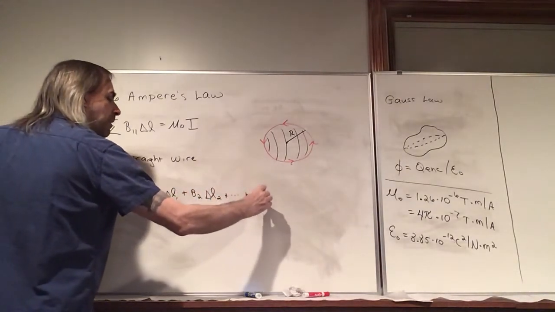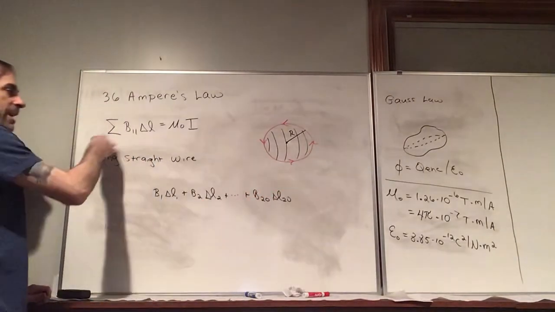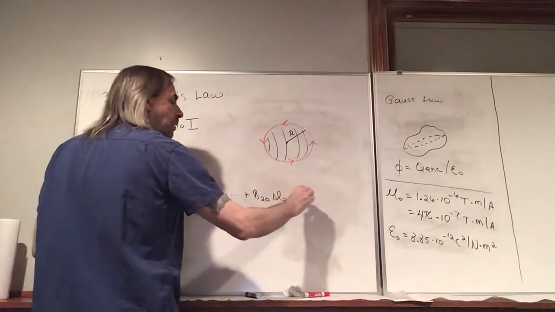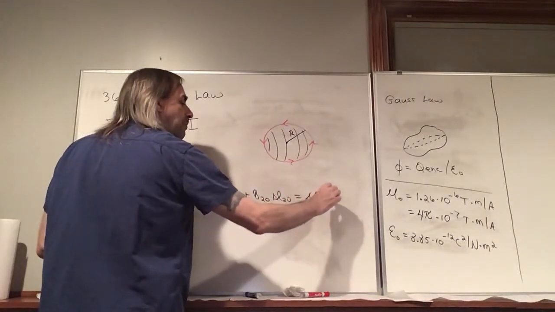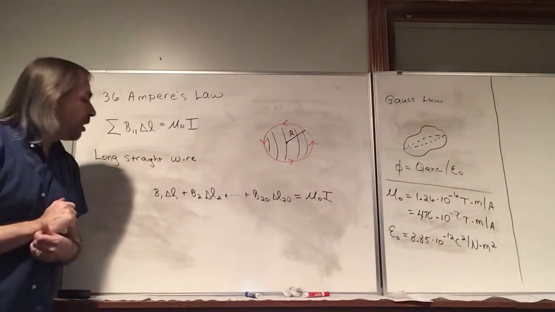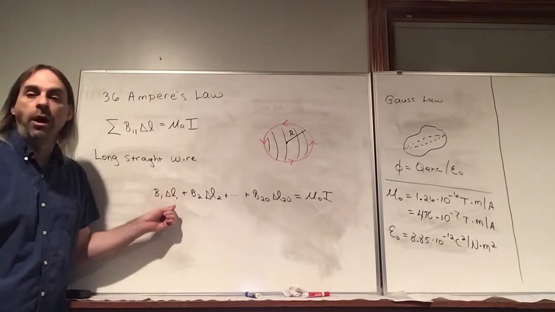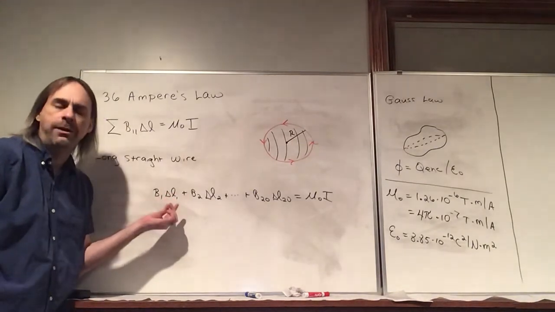We have 20 pieces, and a term for each piece that looks like this. Ampere's law would give us an equation where B1 would be the magnetic field at the location of line segment 1 that has a length delta L1.